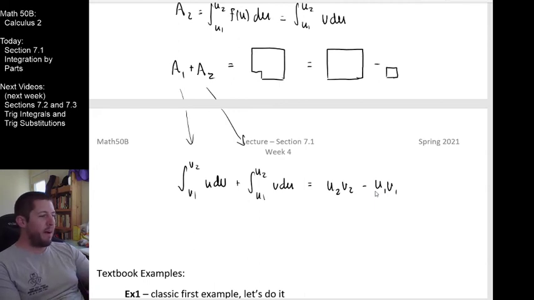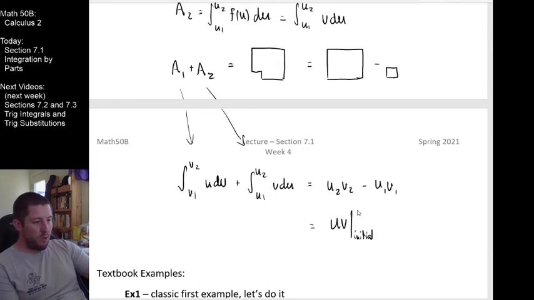Our antiderivative at b minus our antiderivative at a. So this really looks to me like a uv evaluated from our initial points to our final points, or our u1 v1 up to our u2 v2 right there. Right?